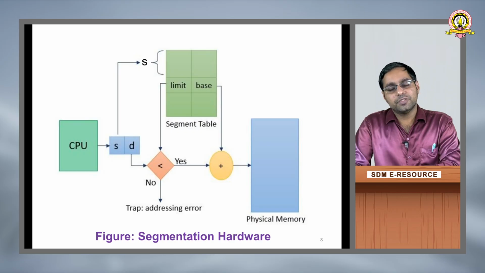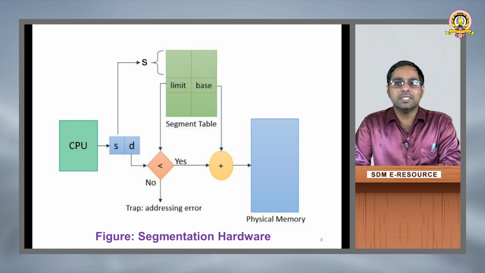The value present in the offset should be less than the value present in the limit field. Otherwise, it will lead to an error called an addressing error. The offset is added to the value in the base field to find the final physical address.